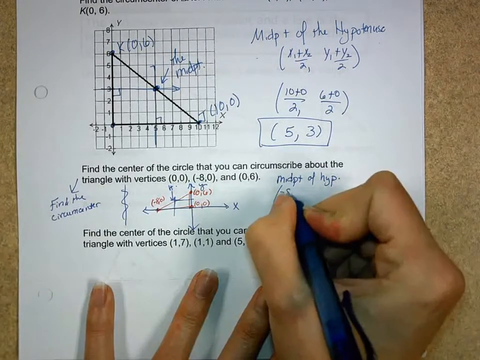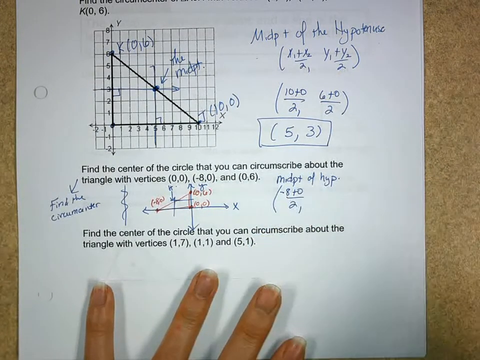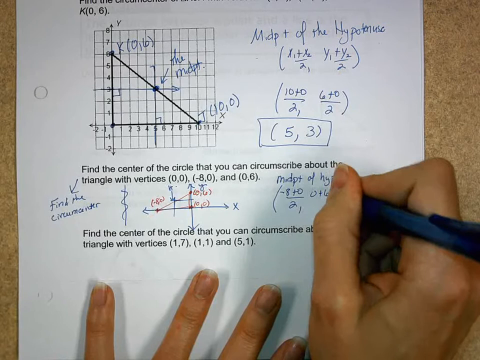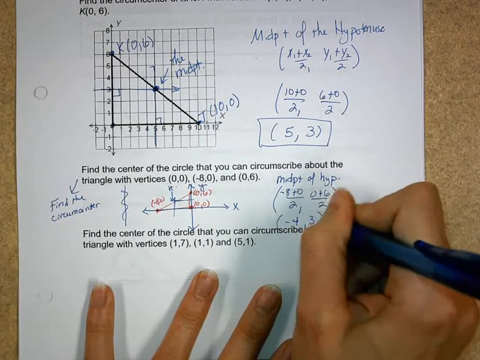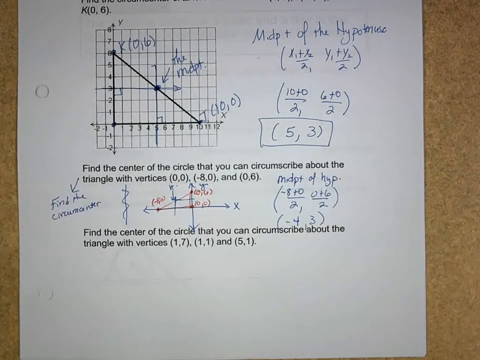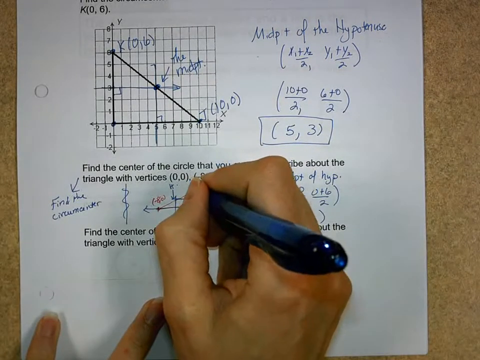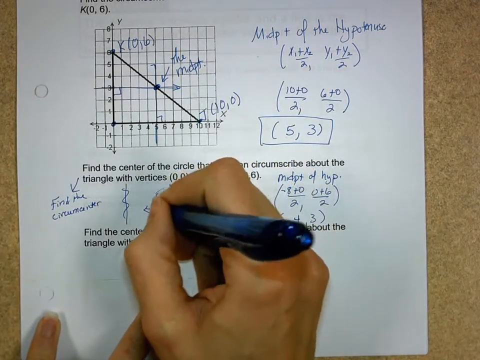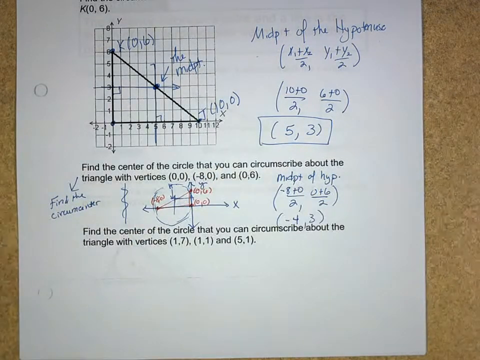Negative 8 plus 0 over 2 and 0 plus 6 over 2. That's going to be negative 4, 3. So the midpoint of the hypotenuse is the center of the circumscribed circle. I'm not having to draw that circle out because I know where it's going to be located.